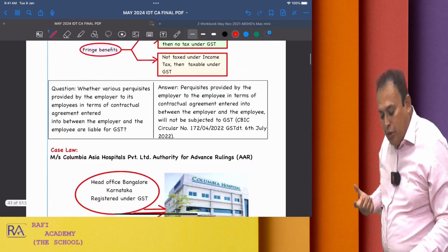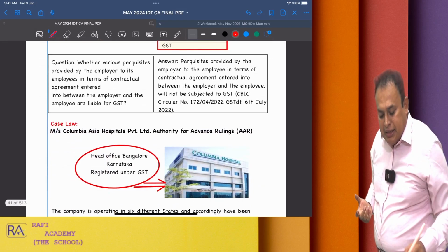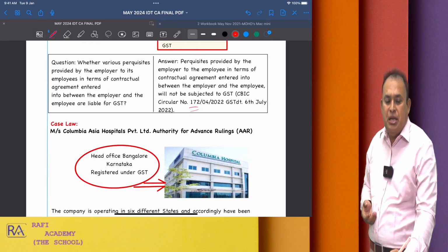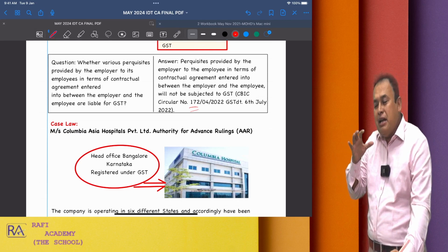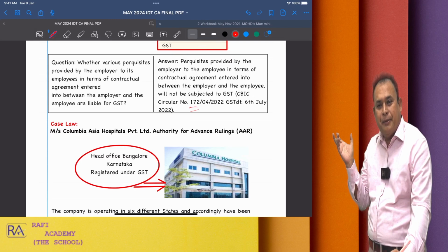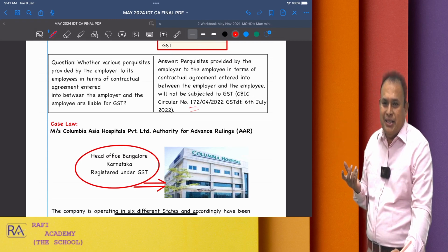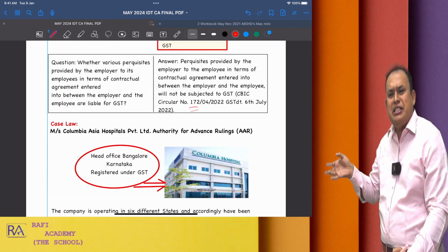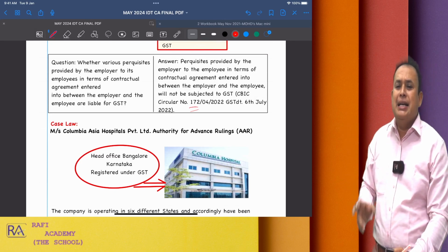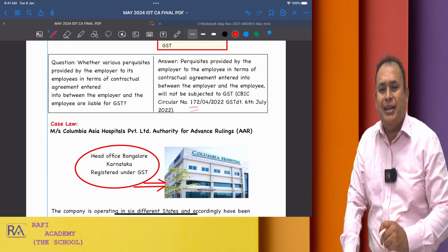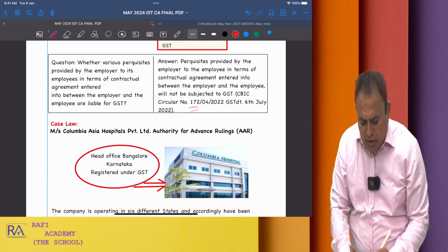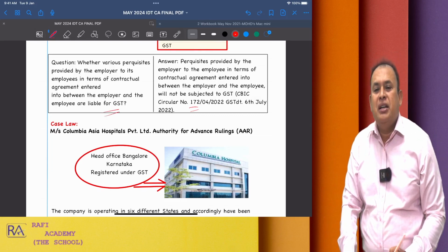Now, a question. In a recent post, there is a circular of the CBIC. A question has been raised and clarification given by the CBIC in the following manner. What is the question raised here? Whether the various perquisites provided by the employer to its employees in terms of the contractual agreement entered into between the employer and the employee are liable for GST.